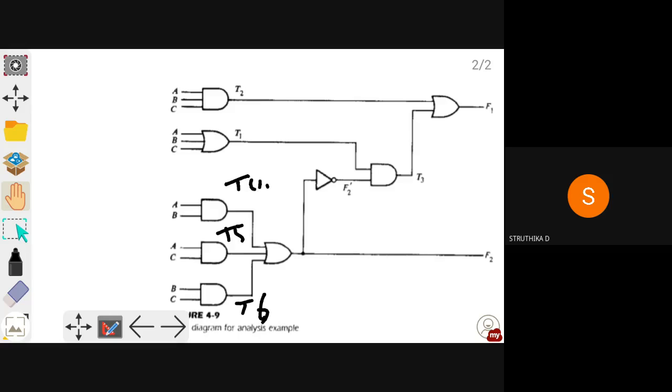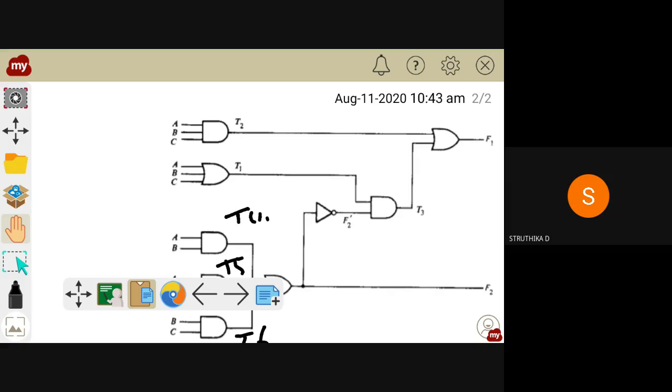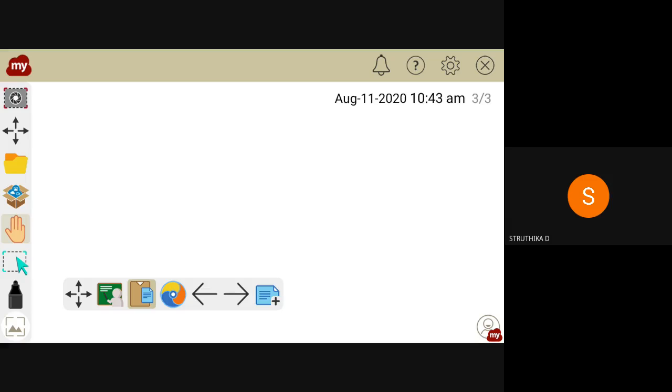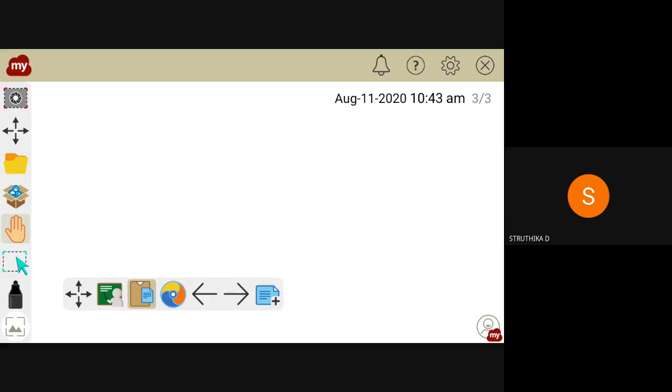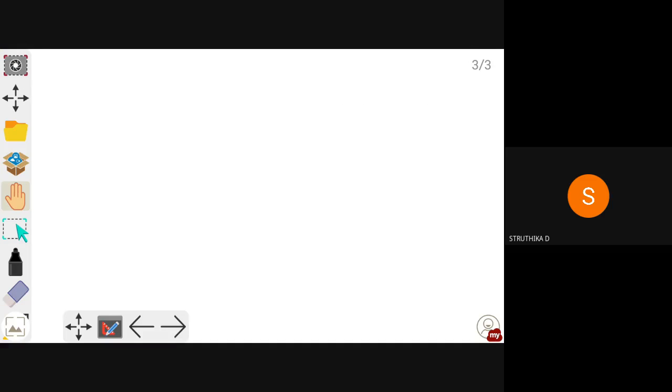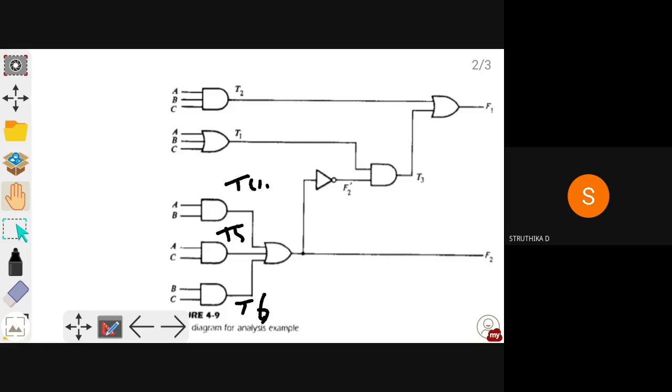So the first step is to write the output of each gate. In this they have given the first gate as T2. What is the output of T2?